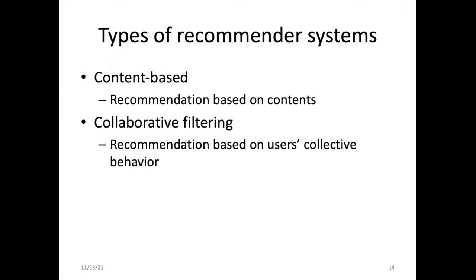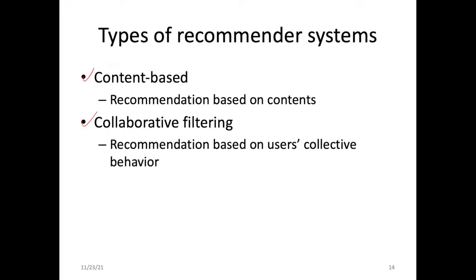So for recommender systems, we could roughly divide the techniques into 2 types. One is content-based, one is called collaborative filtering. For content-based, it's basically based on, for example, this user's characteristics and the movie's characteristics to make recommendations.